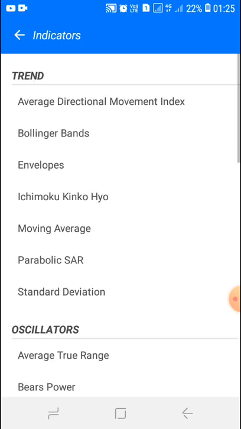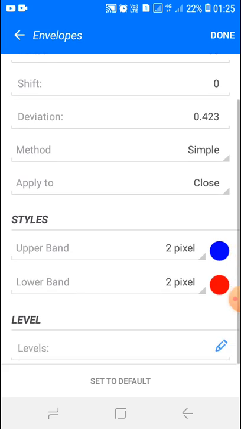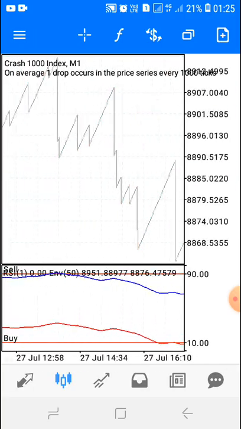Now you're going to add your envelopes, and your parameters should be like this. The period should be 50, shift 0, deviation 0.423, and method should be simple. Apply to close. The style should be upper band 2 pixel blue, lower band 2 pixel red, and you should have no levels. So this is how it's going to look like.